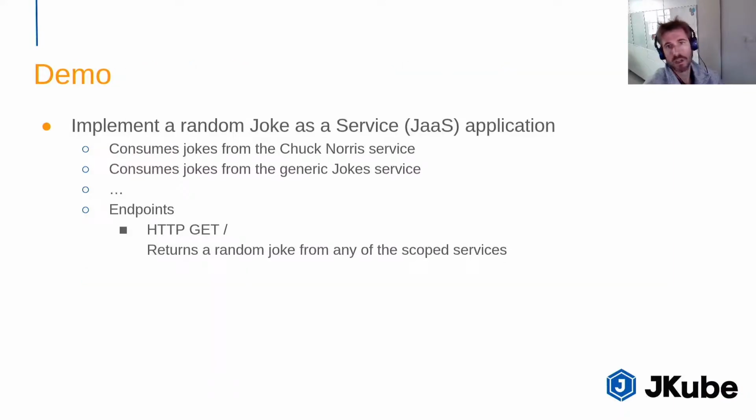For the demo, I'm going to implement a really simple application which prints a joke whenever you make a request to the exposed endpoint. These jokes are retrieved from two services that are available in my cluster: the Chuck Norris service that will return a Chuck Norris quote for each request, and a generic joke service that will return a random joke whenever you perform a request to that endpoint.